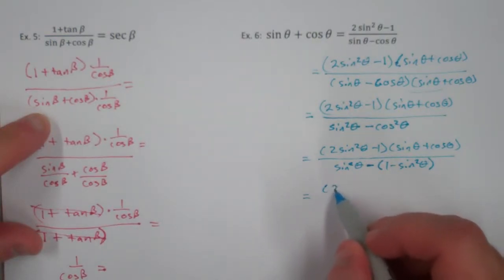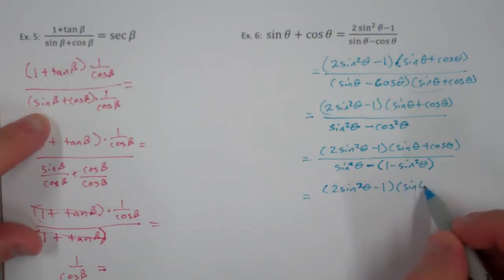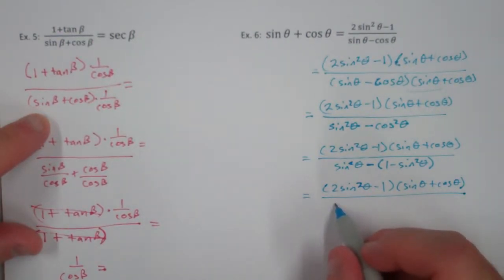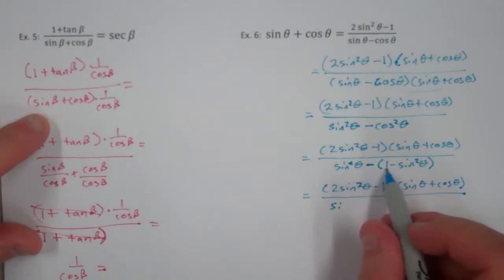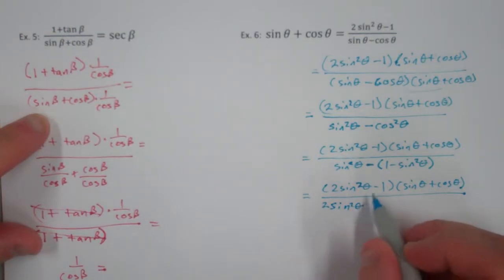So this is still 2 sine squared theta minus 1 in the numerator, times the sine of theta plus the cosine of theta. In the denominator, well, that's just sine squared minus 1 plus sine squared, so that's 2 sine squared of theta minus 1, and that's it.